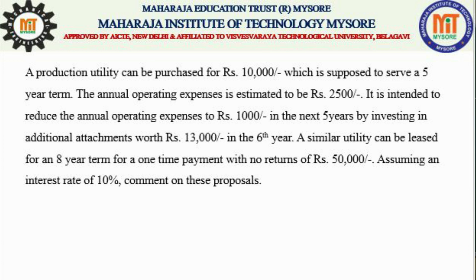A similar utility can be leased for an 8-year term for a one-time payment with no return of rupees 50,000, assuming an interest rate of 10%. Comment on these proposals.